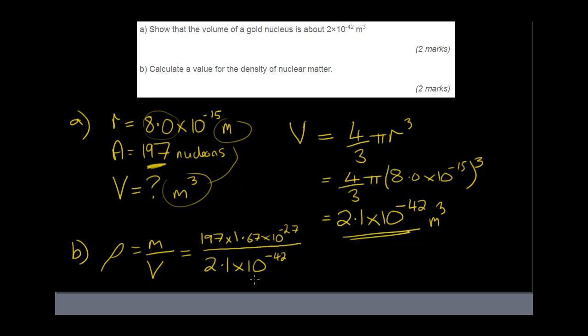I've kept the answer to the volume on my calculator screen because it goes to a few more decimal places, so I'm going to use that to avoid any rounding errors.